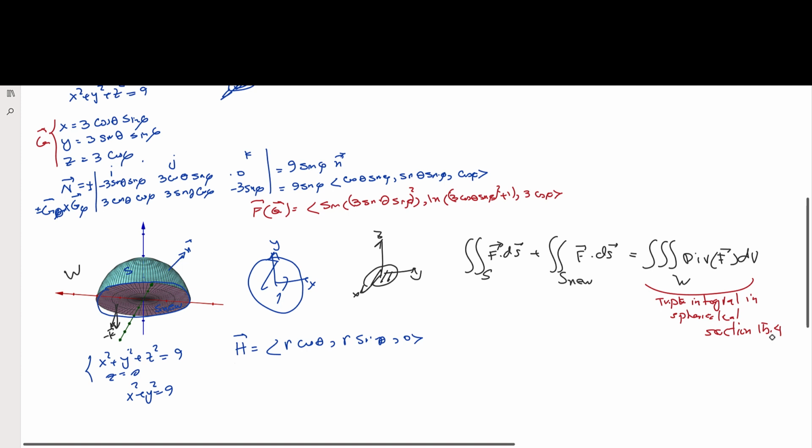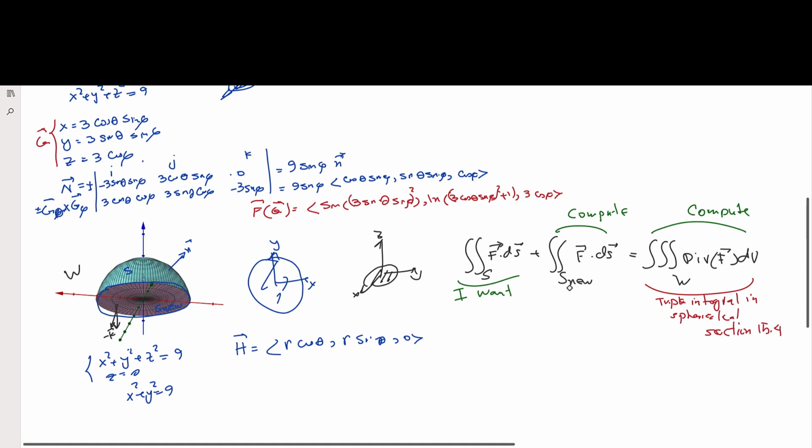Let me think. What I need to do is compute this, and compute this, and then solve for what I want.